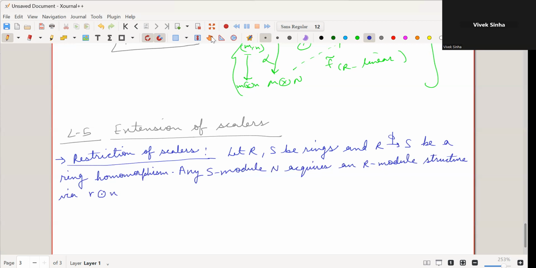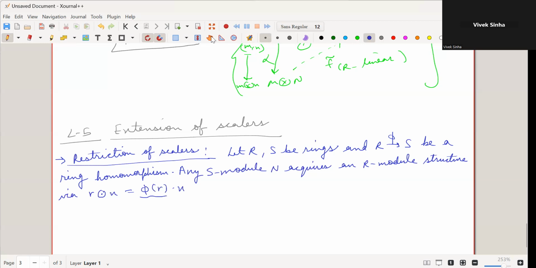So R and S are two rings, and from R to S you have a ring homomorphism. So any module N that has an S module structure, you can give it an R module structure using this homomorphism. How? The R module structure is given by r dot n being nothing but phi(r) dot n.